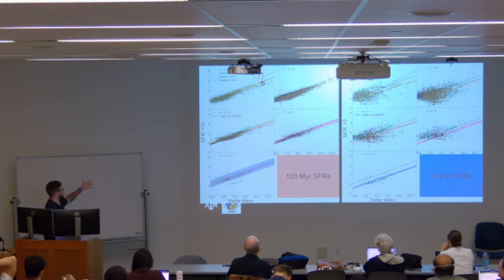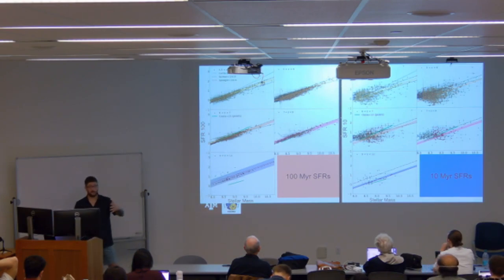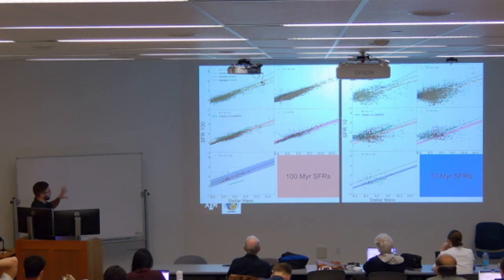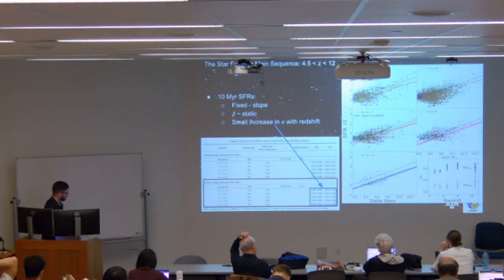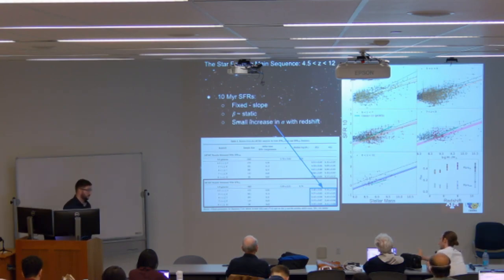But the thing to notice here, and to me it's glaringly obvious, is the amount of scatter that we're seeing in the star forming main sequence. And this scatter is basically what drove this entire paper. But it's not immediately obvious why this should be the case. Just to go over some of these results really quick from our MCMC analysis, when we look at the 10 megayear star formation rates, we see a static normalization, but an increase in sigma.